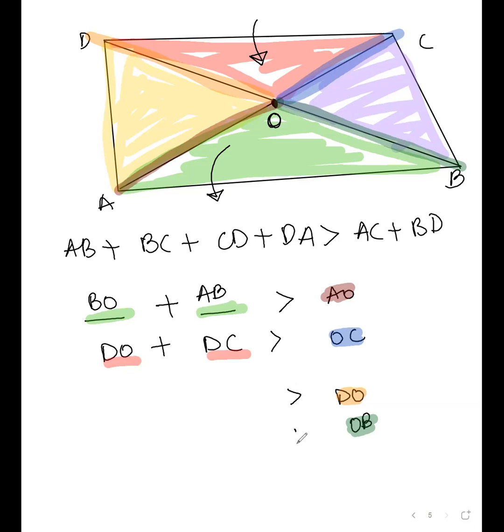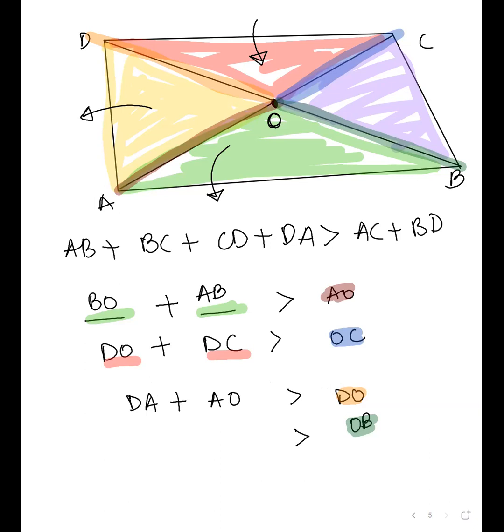Yeah. Now let's look at OD. For OD, let's look at the yellow triangle. DA plus AO is greater than DO. Very good. Next, OB.